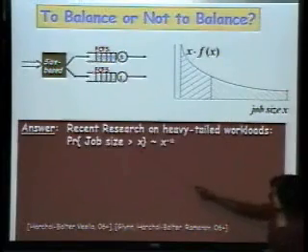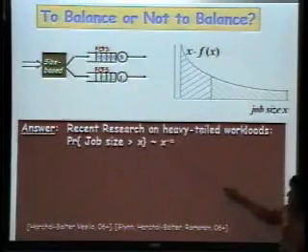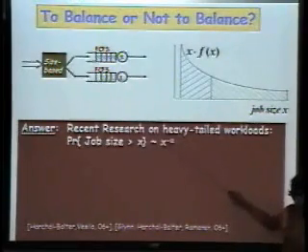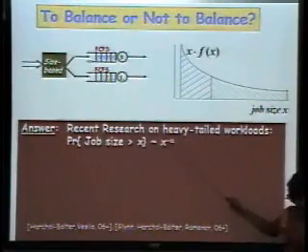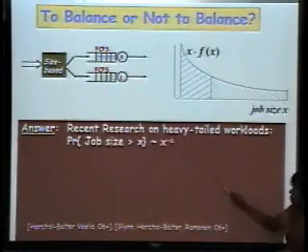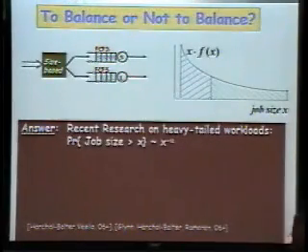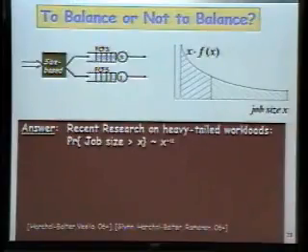But if you have a job size distribution like this, where the probability the job size exceeds x is proportional to x to the negative alpha, this could be x to the negative 1, like 1 over x. Depending on this alpha criterion, you may want to balance or unbalance, but almost never balance.